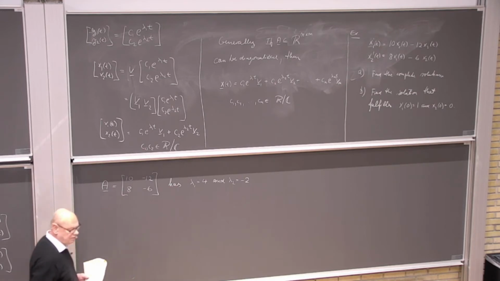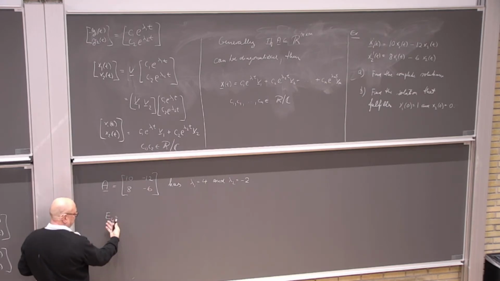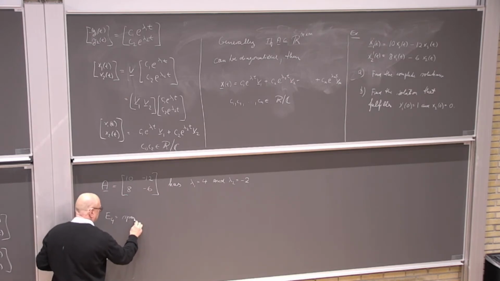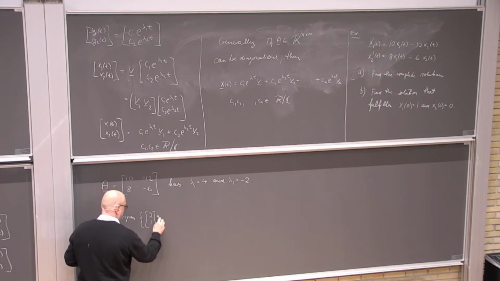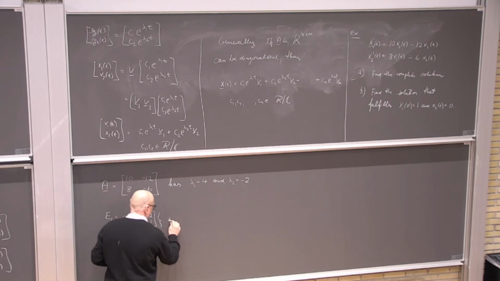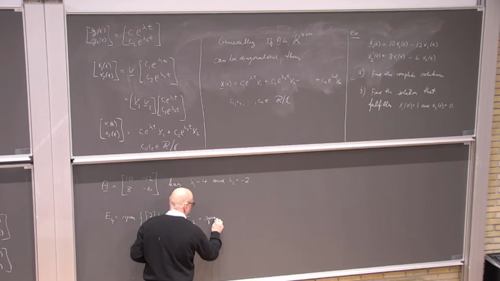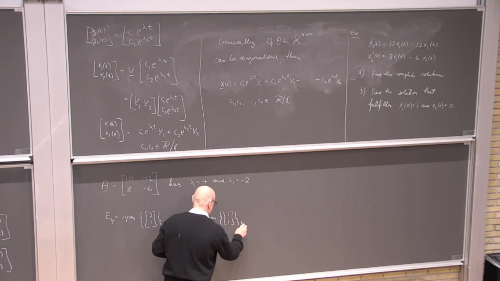These are the eigenvalues, and the corresponding eigenspaces are: the eigenspace corresponding to 4 is the span of one vector, and then the other eigenvalue corresponds to the span of another, like that.